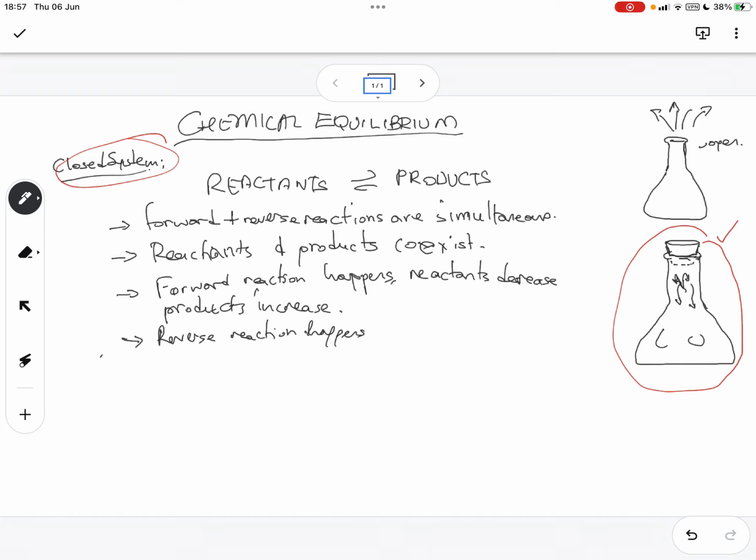The rate of the reverse reaction gradually increases as the forward reaction happens. So when we continue having the forward reaction, the reactants decrease and the products increase, and that's when the reverse reaction gradually happens.